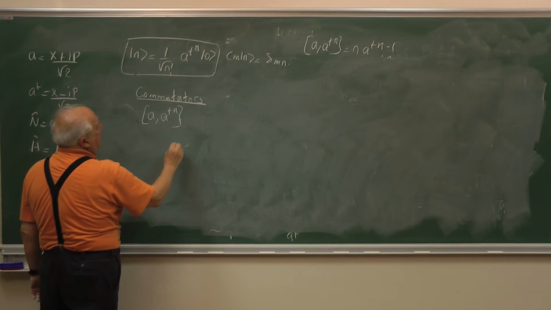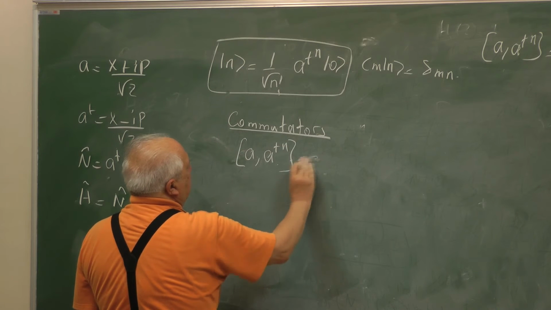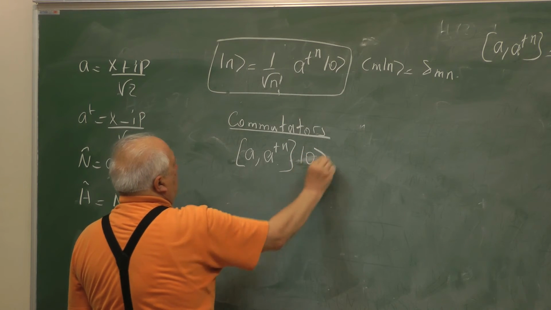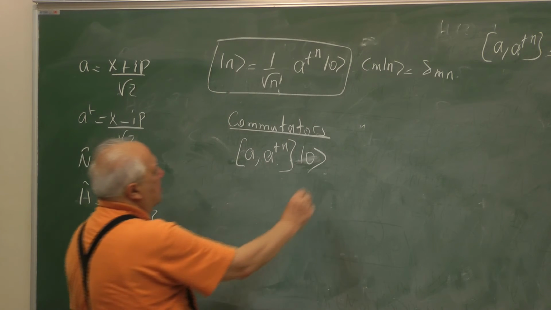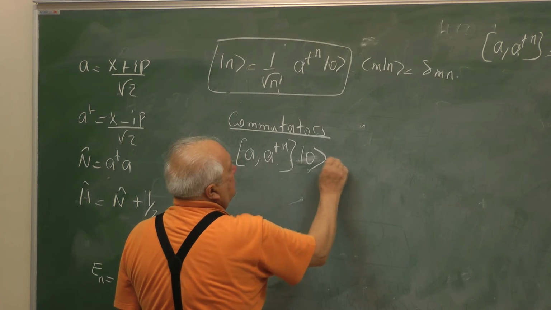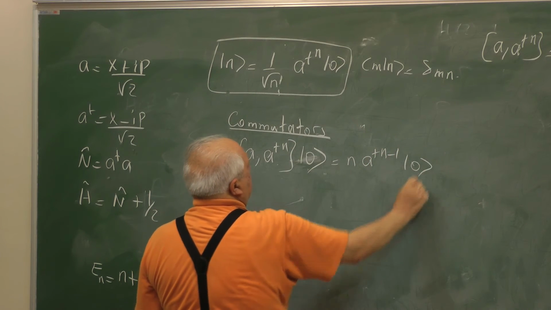This is n a dagger, but now I am using their actions on the ground state, 0. So this is n a dagger n minus 1, 0.